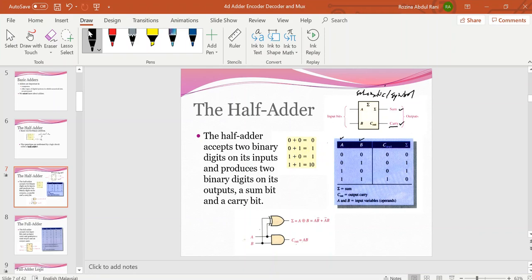So this is the simplest half adder design, the half adder circuit. The half adder incorporates an XOR gate for the sum operation. So this represents the sum.